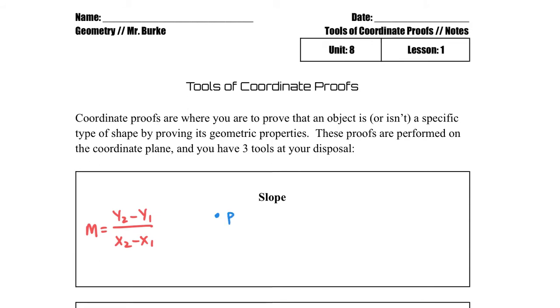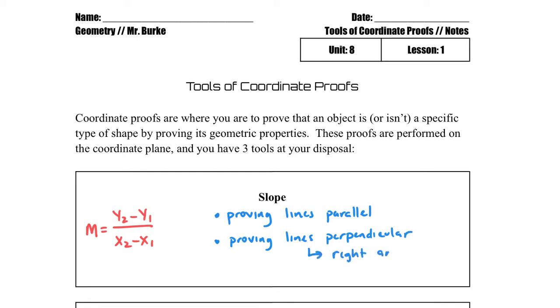Slope is good for proving lines parallel, but it's also good for proving lines perpendicular, which leads to right angles, which is something that's useful.